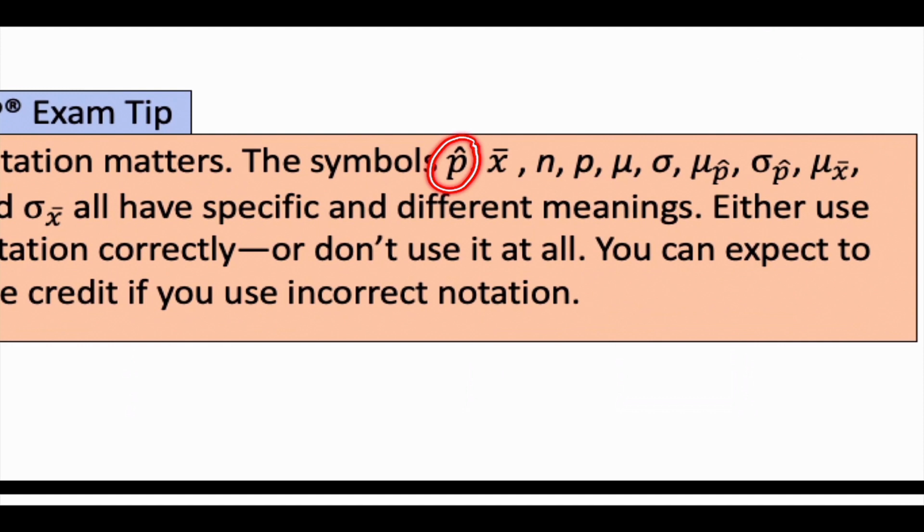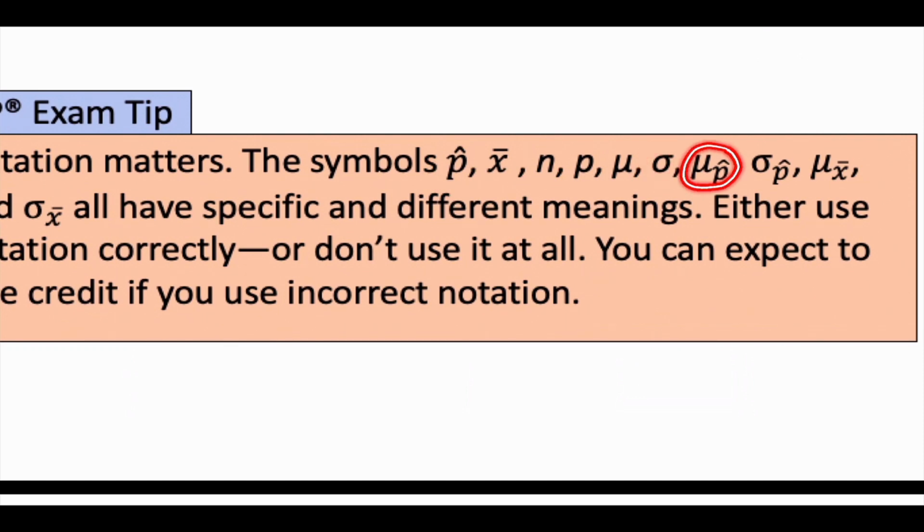P hat is the proportion of the sample. X bar is the average of the sample. N is the number in the sample. P is the true proportion. Mu is the true average. Lowercase sigma is the true standard deviation.